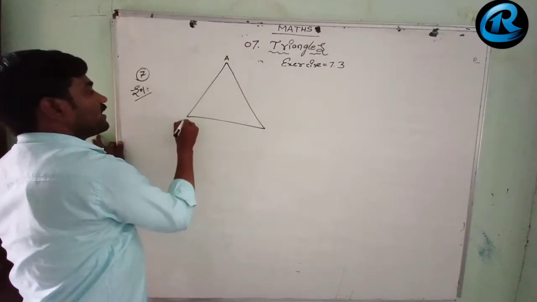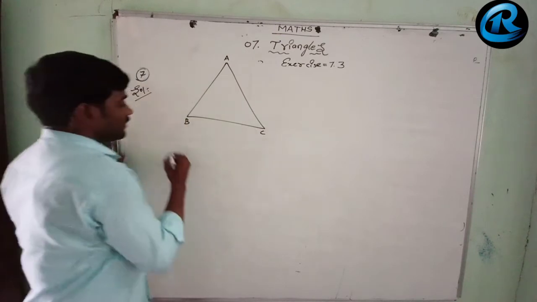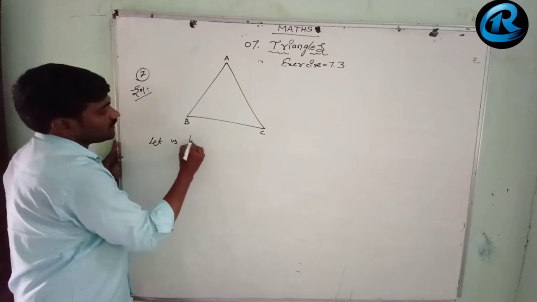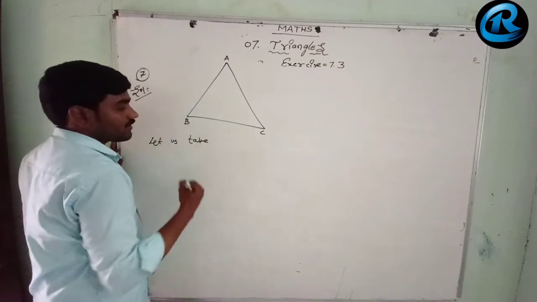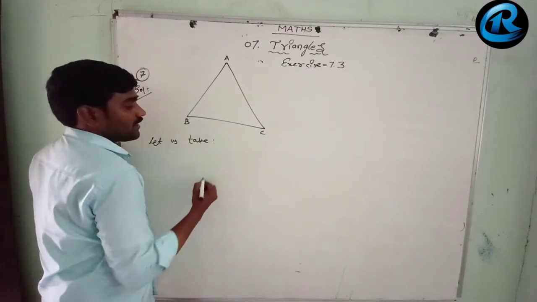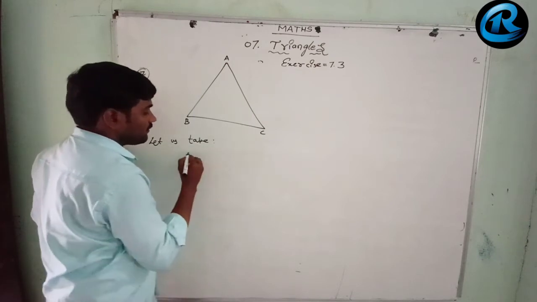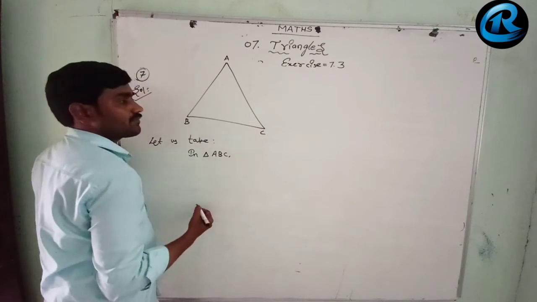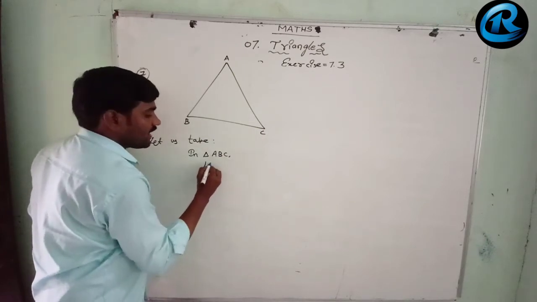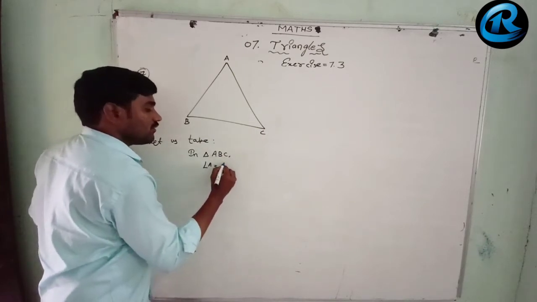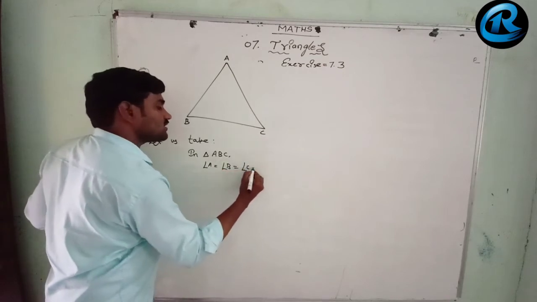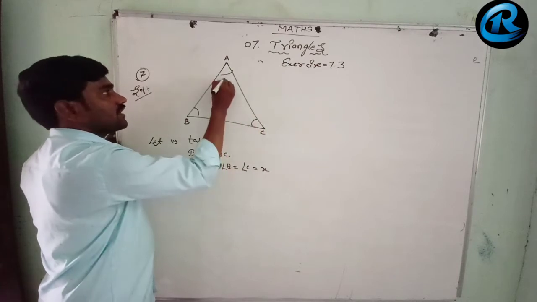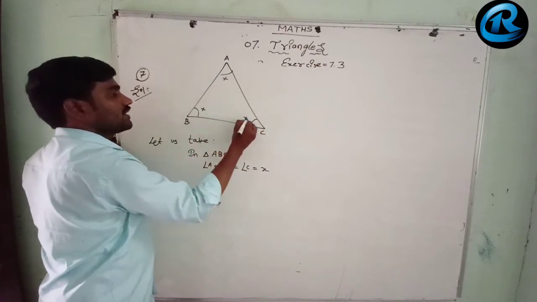Here is triangle ABC. Let us take angle A equal to angle B equal to angle C equal to x degrees. Let us take x degrees here and x degrees here.